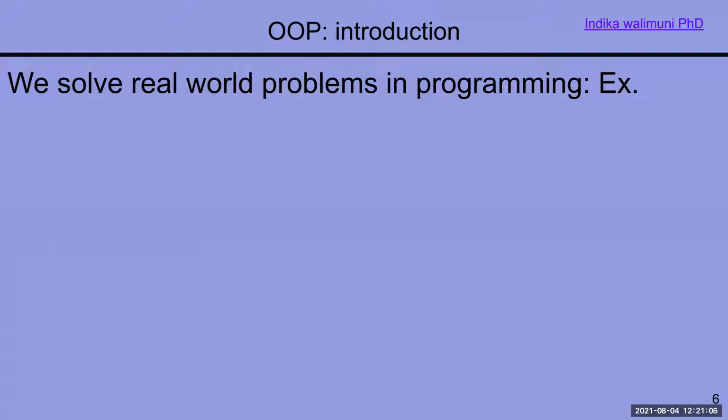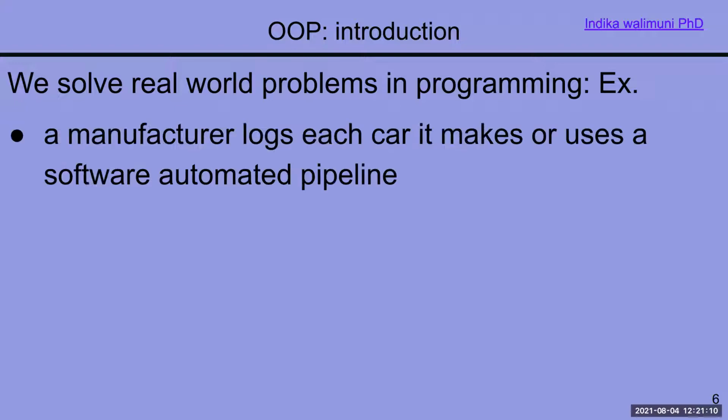So since we are learning to solve real world problems in programming, if we take a car manufacturer, the car manufacturer logs each car it makes or uses software to automate the production pipeline, right? So these are examples.